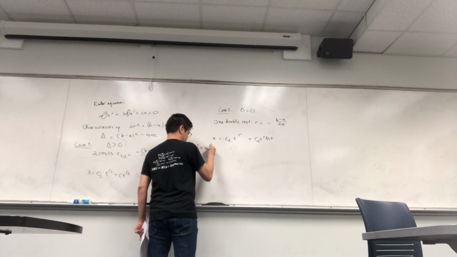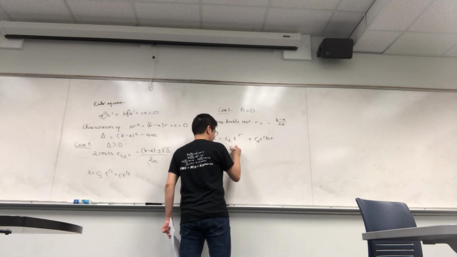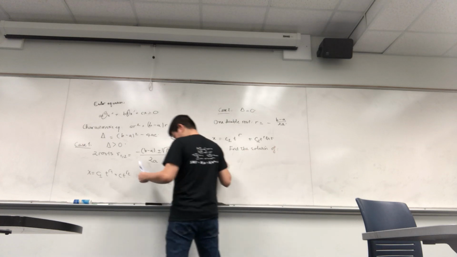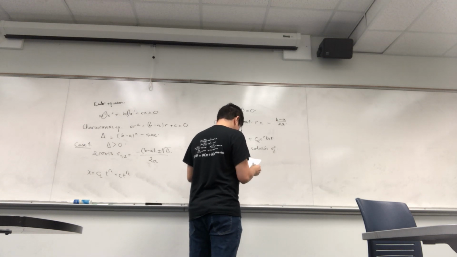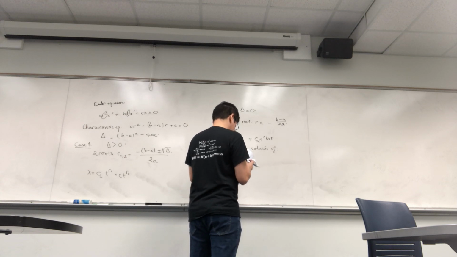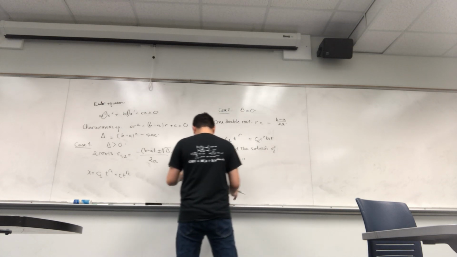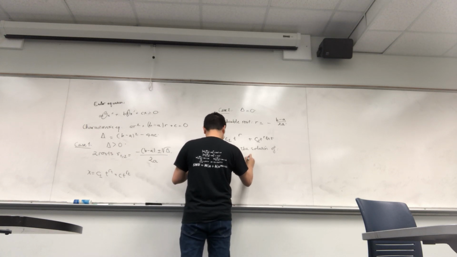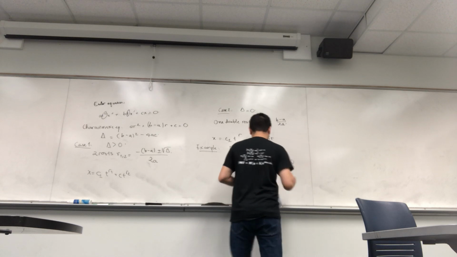Example. Find the solution of, sorry, this is t squared x double prime minus 7t x prime plus 16 x is equal to 0, right?